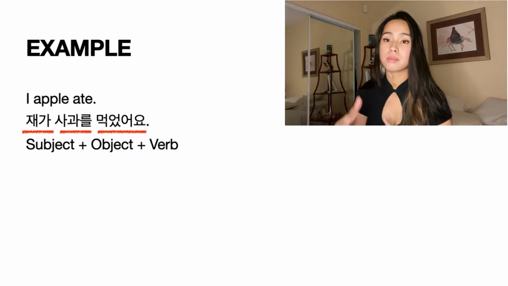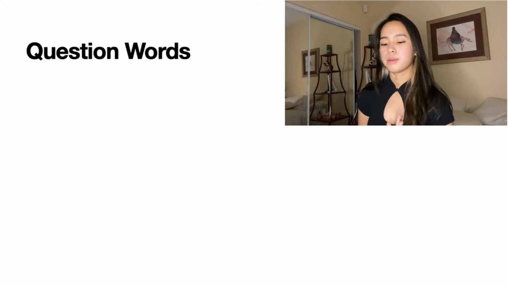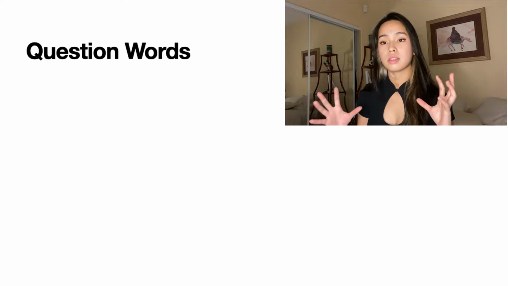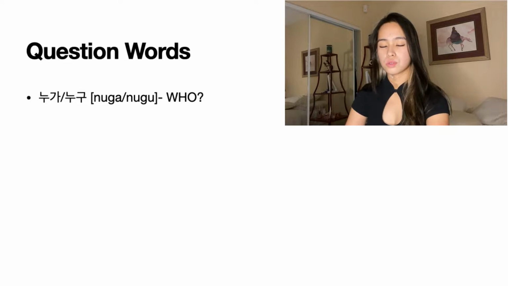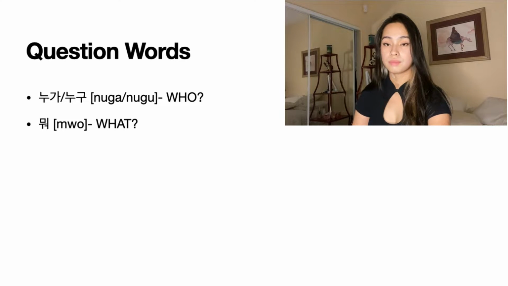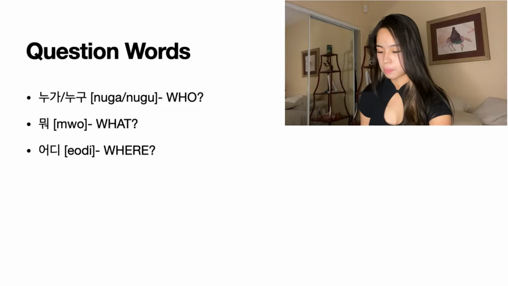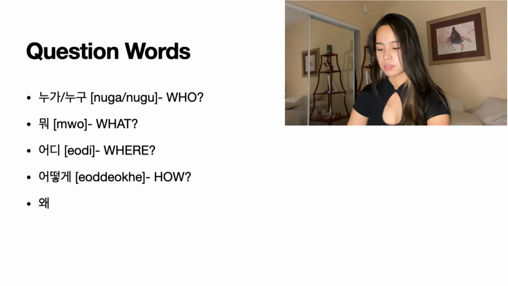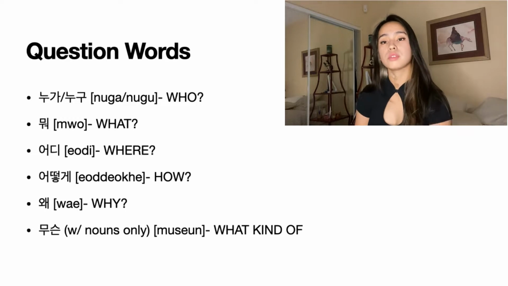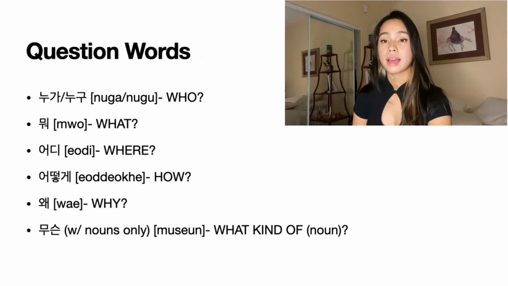And before we jump into their structure, let's learn the question words first, alright? Number 1 is 누가 or 누구, who, 뭐, what, 어디, where, 어떻게, how, 왜, why, and 무슨, what kind of.